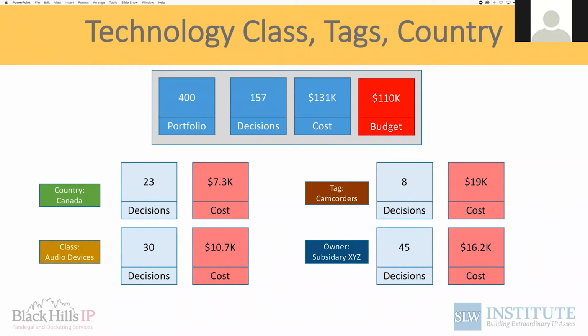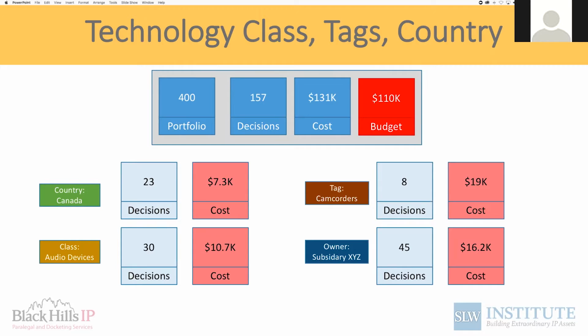I'm going to start by doing some bulk refinements by some of the areas that might be the easiest for me to make cuts. In this particular example, let's say Canada as a market for me has been decreasing for certain products. I'll do my refinement on Canada. I've got 23 decisions that roll up to about $7,300 in cost.